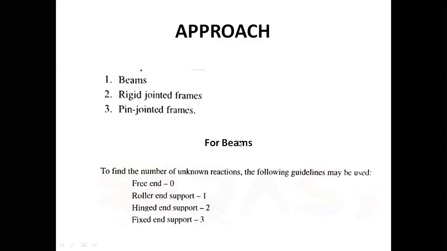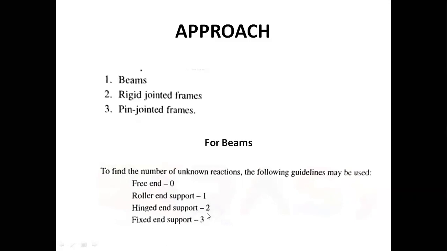So first of all, if we consider beam, then we know at free end number of unknown reaction is 0. Roller 1, hinge 2, and fixed it is 3. Free end, there is no internal reaction. At roller, we have discussed it's 1, that is vertical.